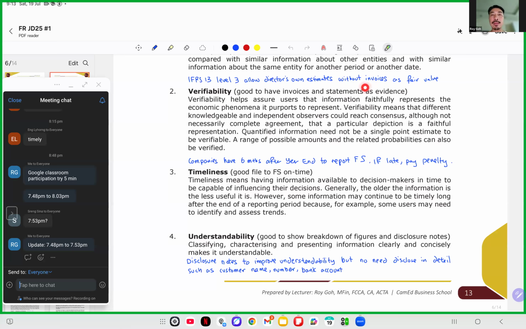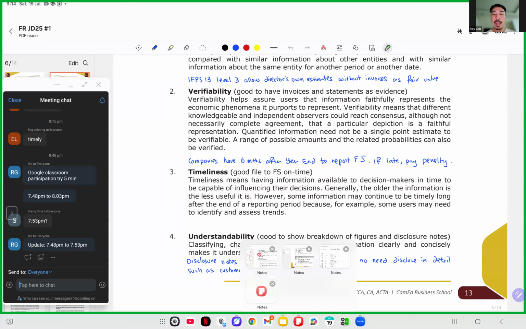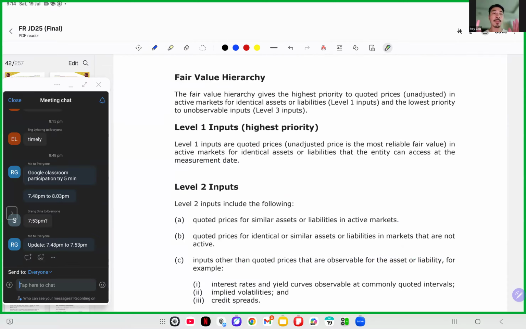The director's own estimate doesn't have invoices as the evidence, right? Acceptable? Yes, still acceptable. So, ladies and gentlemen, every lesson you see me, I lay you a foundation. Now this is called fair value hierarchy, the priority.